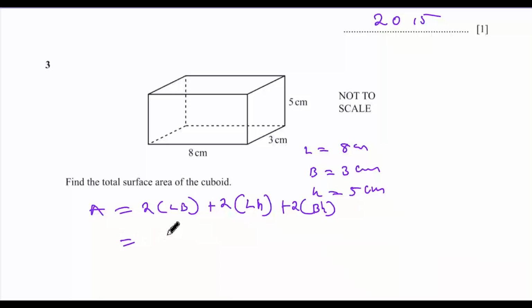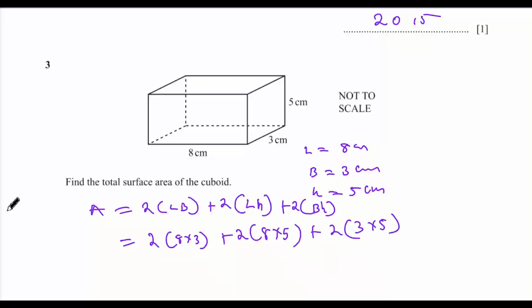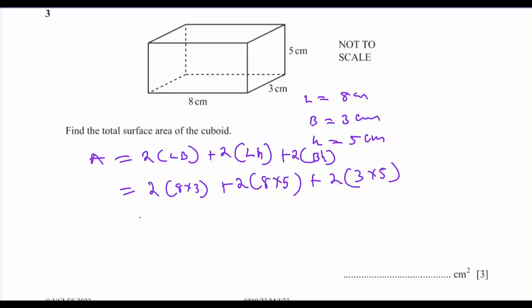Then we can now key in the values. 2 into the length, that is 8 times 3 here, then plus 2 into 8 times 5, and finally 2 into 3 times 5. Let's scroll down a little bit. We have 2 into 8 by 3, that is 24. Then add 2 into 8 by 5, that is 40, plus 2 into 3 by 5, that will be 15.